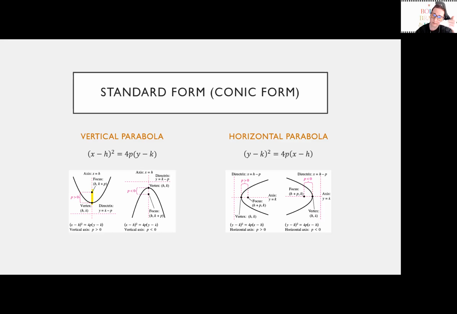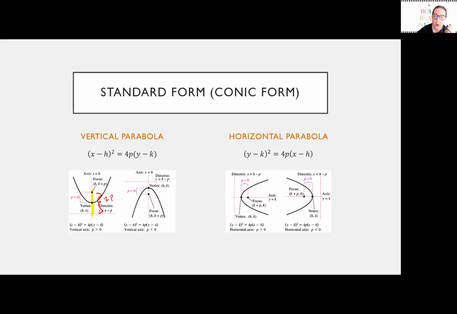And because the vertex is in the middle, it's also the distance between the directrix and the vertex. So the distance between our focus and the directrix is basically 2 times p, because it's p in either direction. So we give our formula for a parabola in terms of this value p.